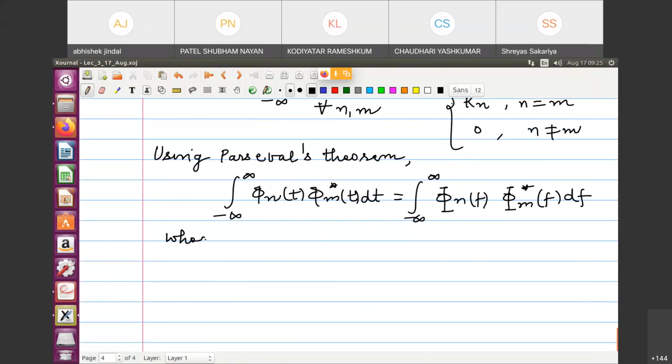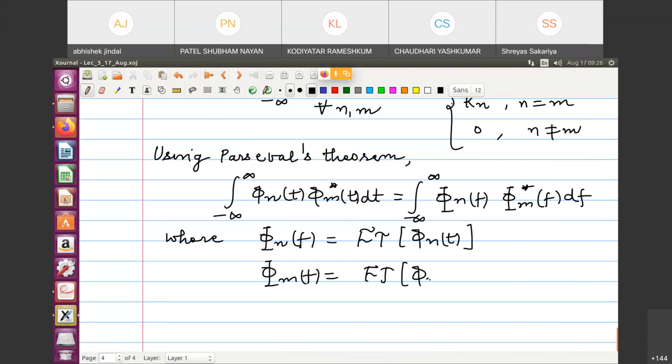Let me write it down for completeness, where phi n(f) is nothing but the Fourier transform of phi n(t), and similarly phi m(f) is nothing but the Fourier transform of phi m(t).